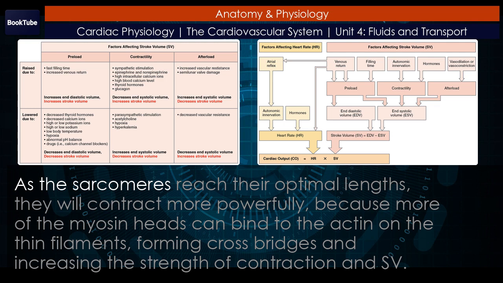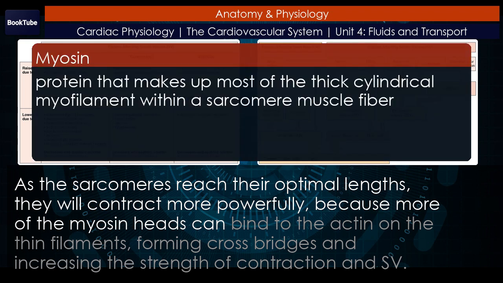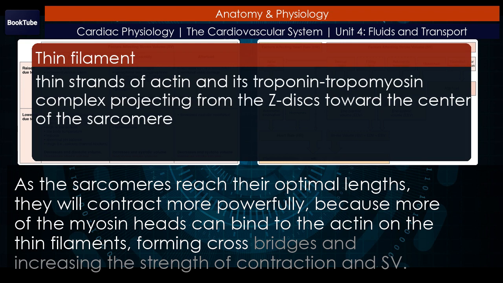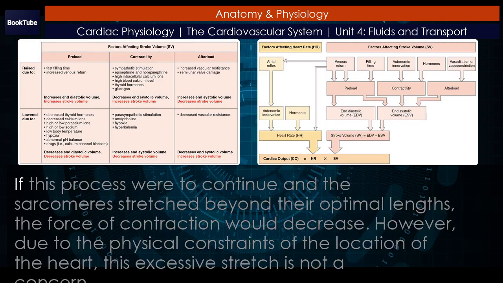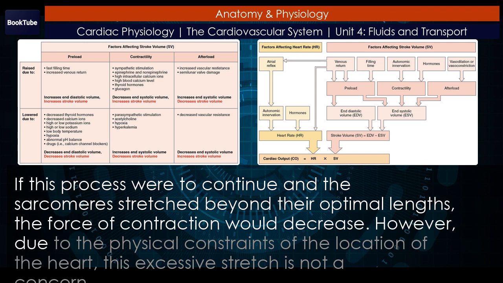As the sarcomeres reach their optimal lengths, they will contract more powerfully, because more of the myosin heads can bind to the actin on the thin filaments, forming cross bridges and increasing the strength of contraction in SV. If this process were to continue and the sarcomeres stretched beyond their optimal lengths, the force of contraction would decrease. However, due to the physical constraints of the location of the heart, this excessive stretch is not a concern.